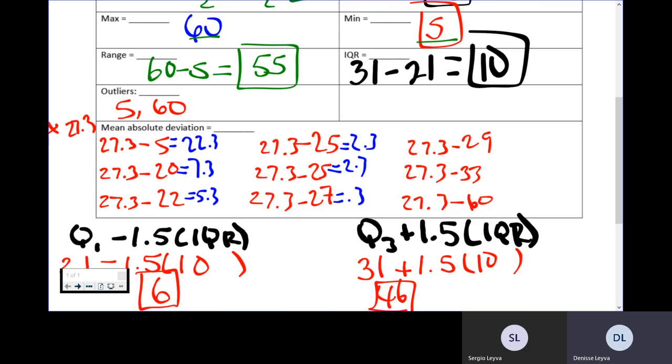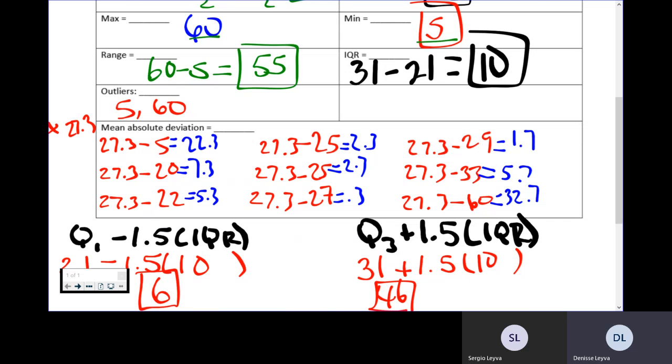Minus 29 would be negative 1.7, but again, we don't want negative, so it's just 1.7. This would be 5.7. And then lastly, 27.3 minus 60 is going to give you 32.7.